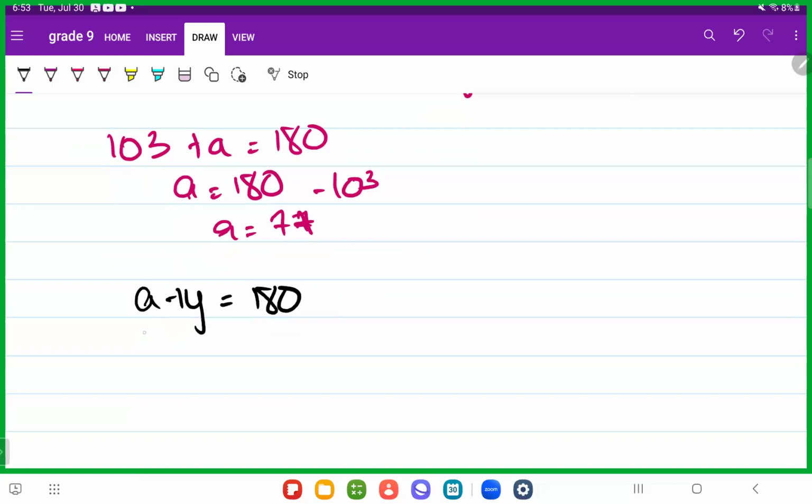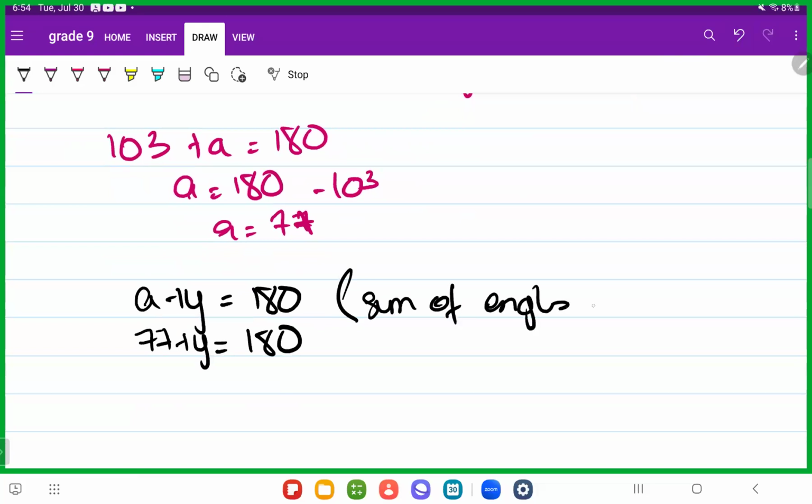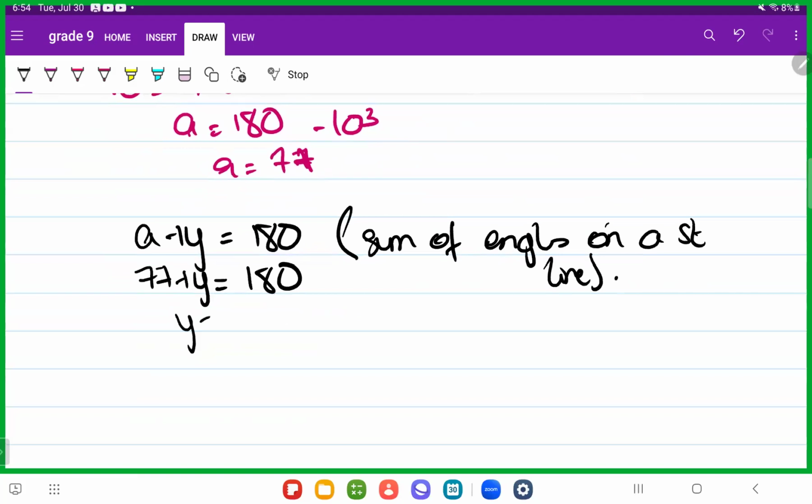So then you do 77 plus y is equal to 180 and you write down over here sum of angles on a straight line. You understand? Okay.